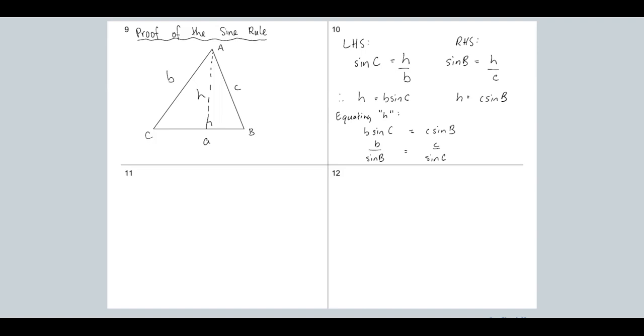I could choose two other sides and angles to work out that a over sine A equals b over sine B, or a over sine A equals c over sine C, and so on. Basically this is one pair, but because the angles and sides were arbitrary, it works out for all of them. Therefore, a over sine A equals b over sine B equals c over sine C.